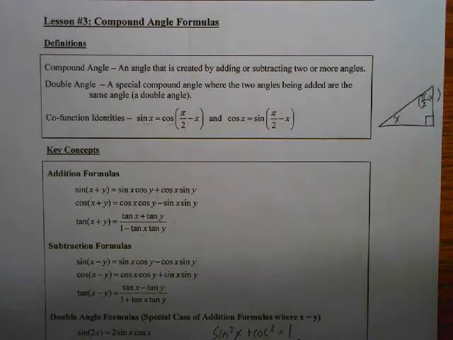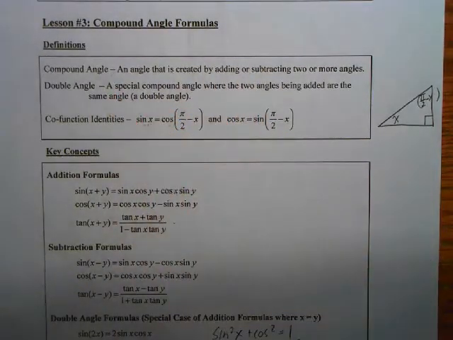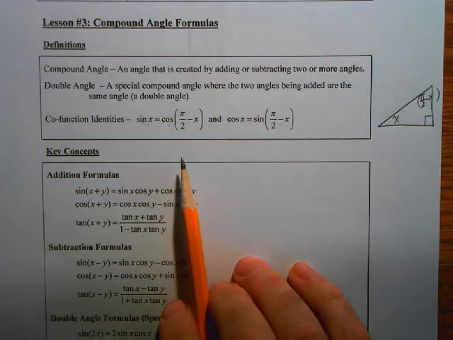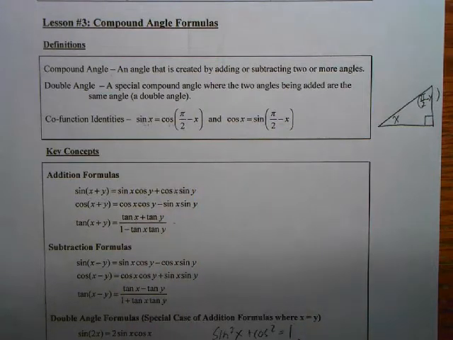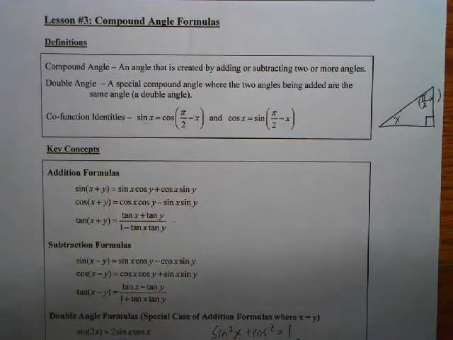Like I mentioned, a compound angle is an angle that's created by adding or subtracting two or more angles. We'll just be looking at two. A double angle is basically a special case of adding two angles where the angle happens to be the same in both cases, so you're basically doubling an angle. And we've got these two cofunction identities, which can be used with trig identities in the next lesson.